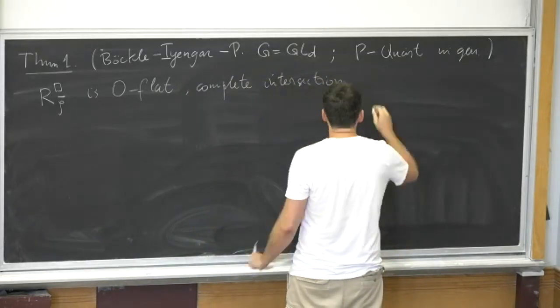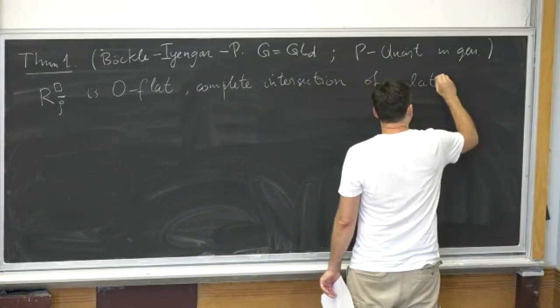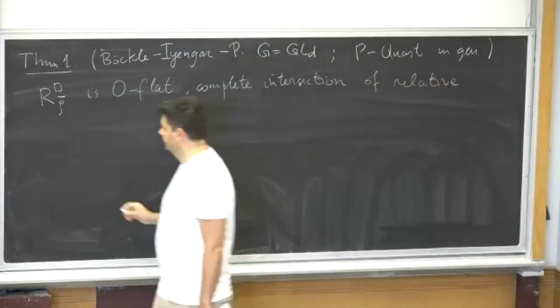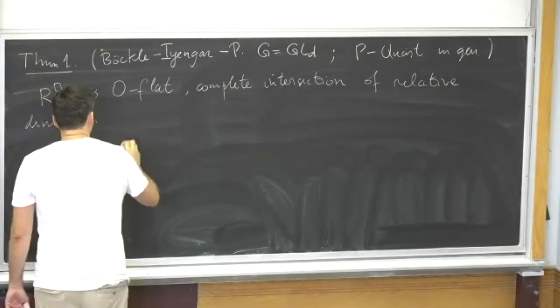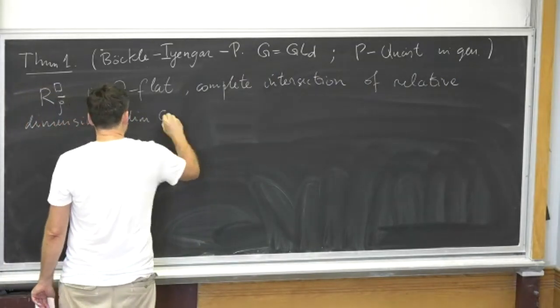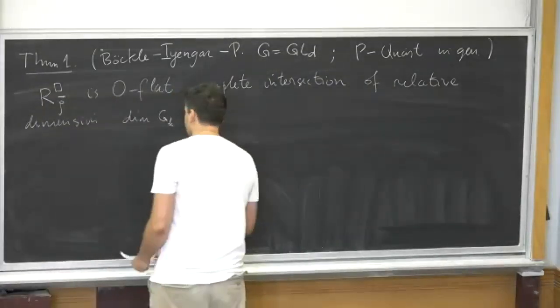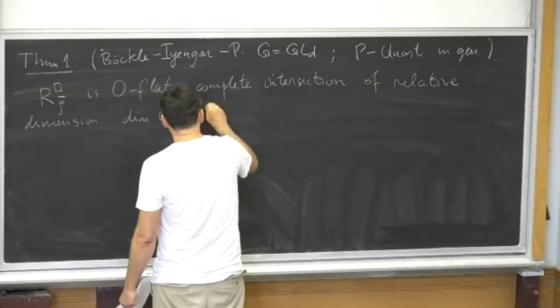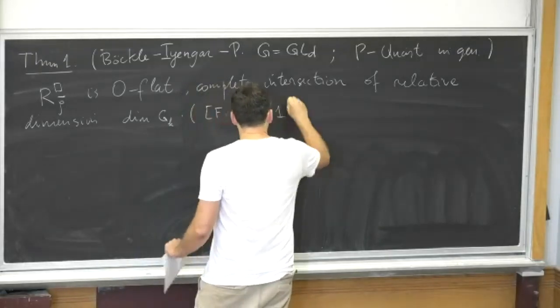Take the dimension of GK. So we take the spectral fiber, that's the dimension, and then multiply this like that, 3 plus 1.